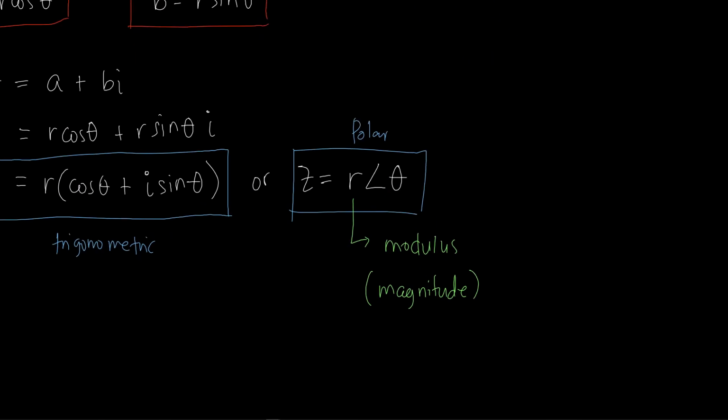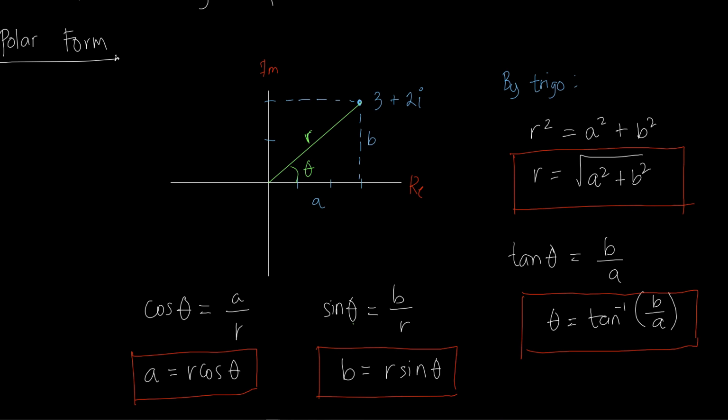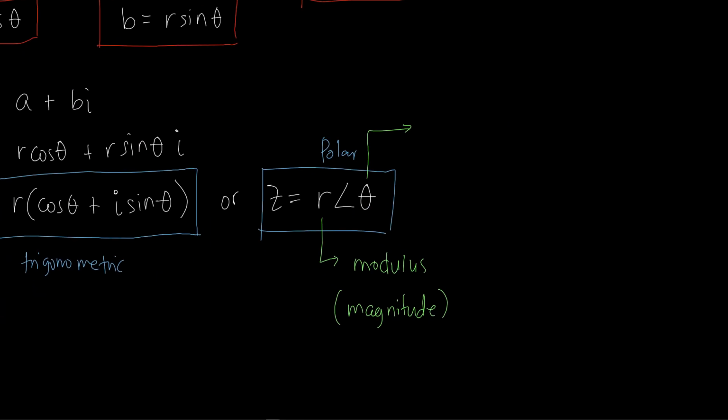Next is theta. Theta is the angle, the elevation. It is called the argument. Another term for that is the amplitude.